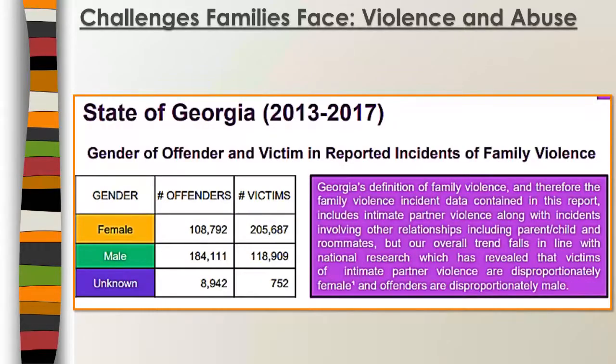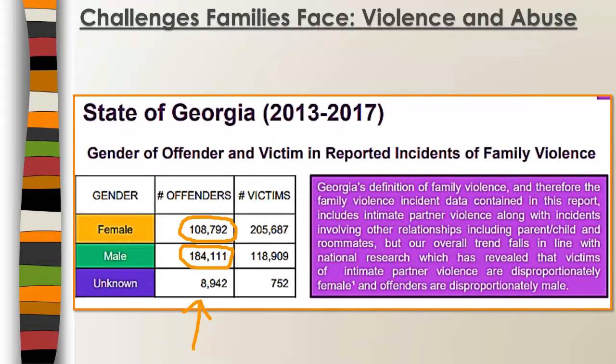All right, another slide here. Who are the offenders and who are the victims of IPV in Georgia? About 109,000 were female offenders of abuse. However, a larger chunk, about 184,000, were male offenders.